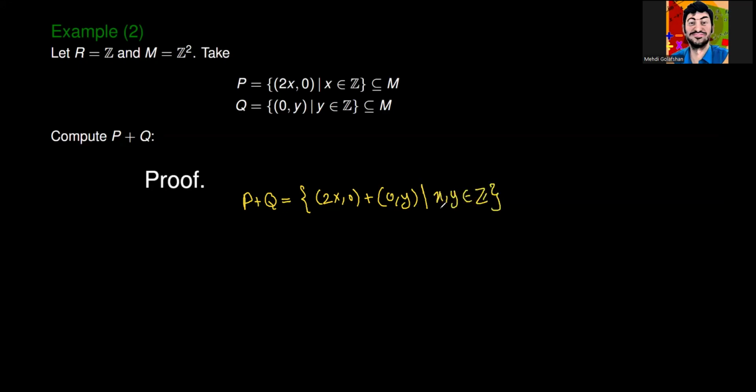So now you have (2X, Y) with X and Y in Z. One can check that this is also a submodule.